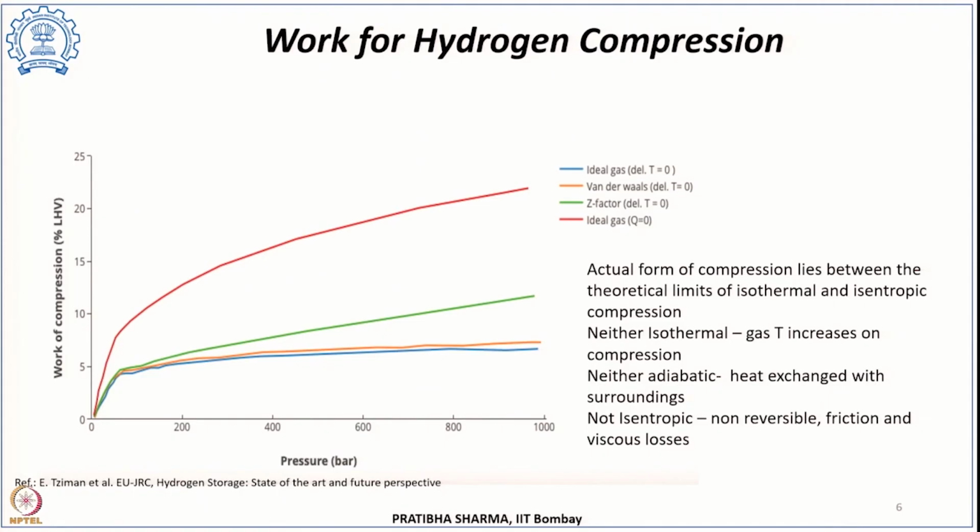Now, as mentioned, theoretically the work required to compress hydrogen in an isothermal process is minimum, and to compress it through an isoentropic process it is maximum. But the actual work of compression lies between the two theoretical limits of isothermal and isoentropic compression.